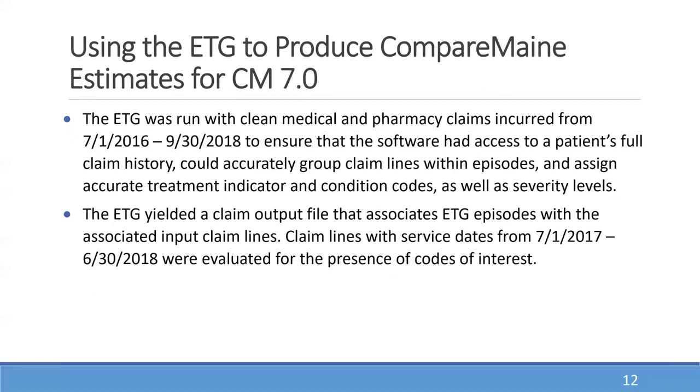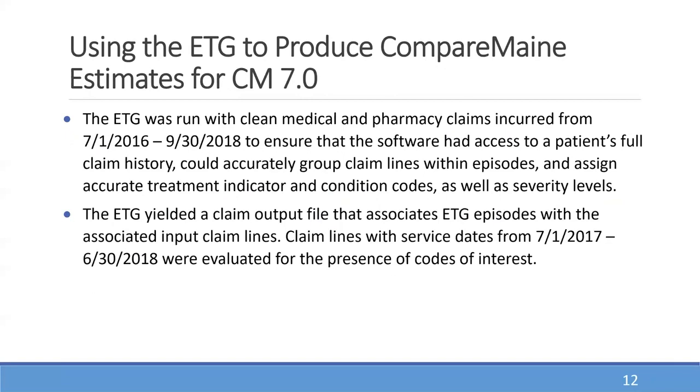So then this just provides a little more in-depth description about how we actually use the ETG to produce the estimates. First we look to a period of time for this update for CompareMaine 7, the period of interest is July 2017 through June 2018. That's the most recent 1 year of full APCD, or All Payer Claims Database, data that we have that we're using for this update.